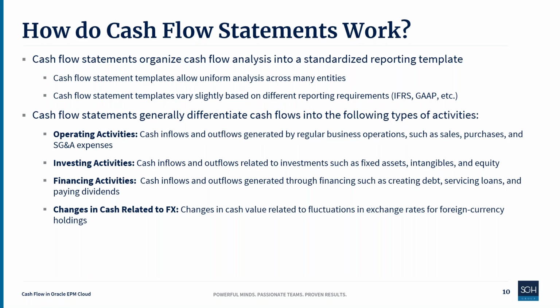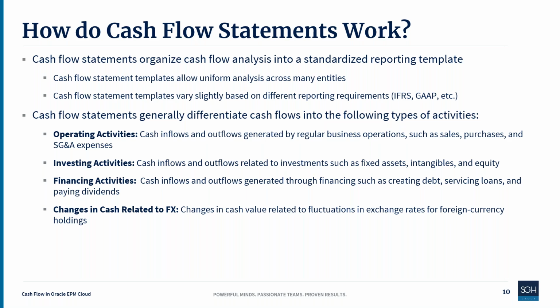Within that, there's really the four main buckets of cash movement that we'll talk about most of the time in analysis, and in particular will show up in any cash flow statements that we're going to be looking at. Those are operating activities. So that's your regular business activities, sales, purchases, SG&A, everything that goes into the day-to-day running of your operations.